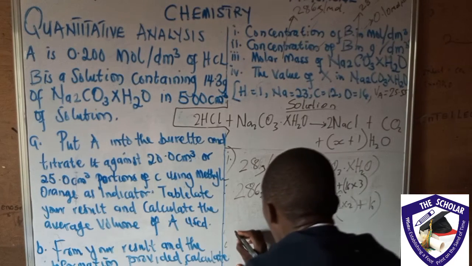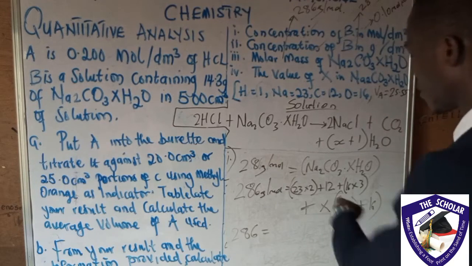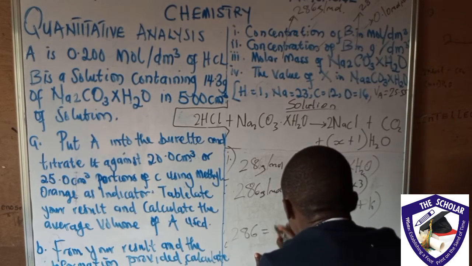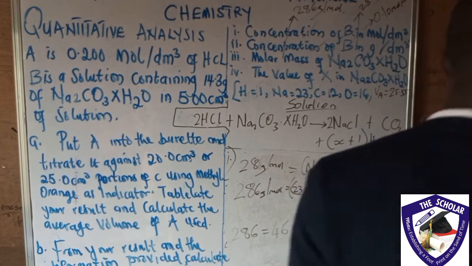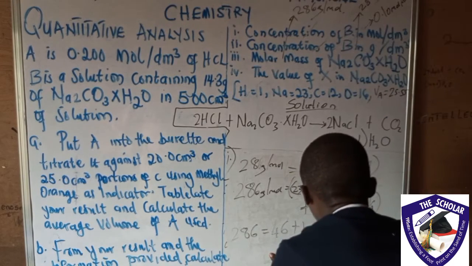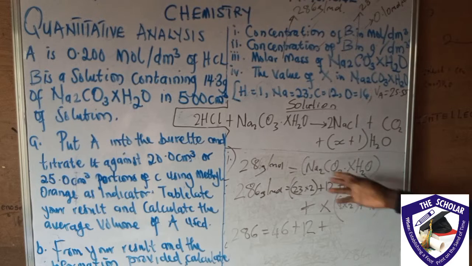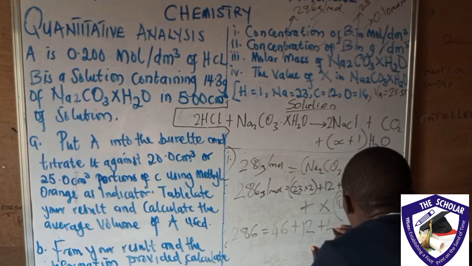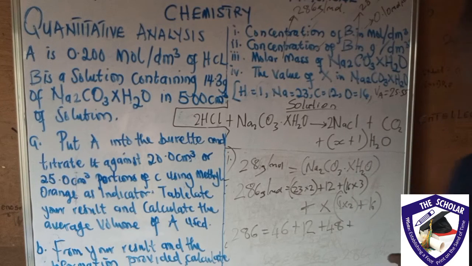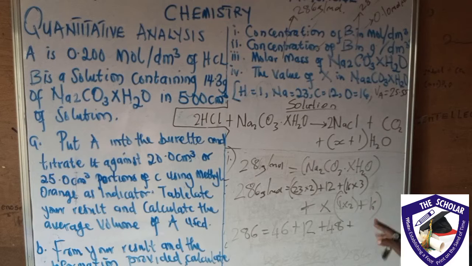So right here we have 286 equal to 23 times 2, which is 46. So we have 46 plus 12, plus 16 times 3, which is 48. Plus, now look at this, 1 times 2, 2, plus 16, that's 18.